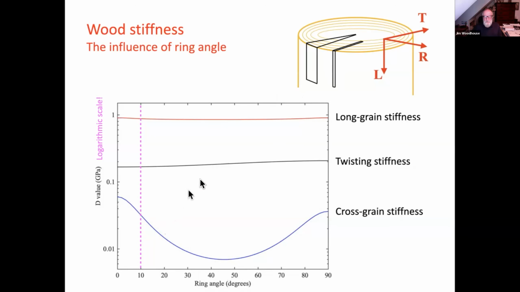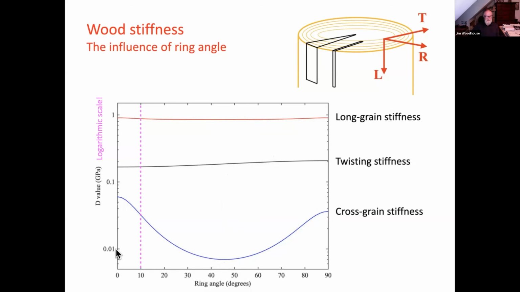Now then, there are three curves here because there are these three stiffnesses. We've got the long grain stiffness, we've got the twisting stiffness, and the cross grain stiffness. And what you can see is that the long grain stiffness and the twisting stiffness don't very much care how the piece of wood has been cut out of the tree. But the cross grain stiffness really, really does care about it.